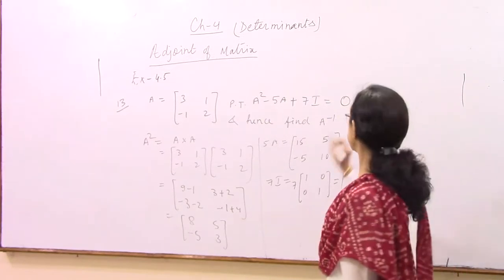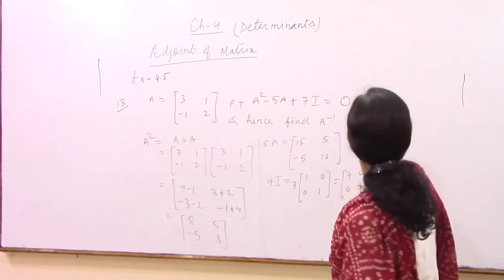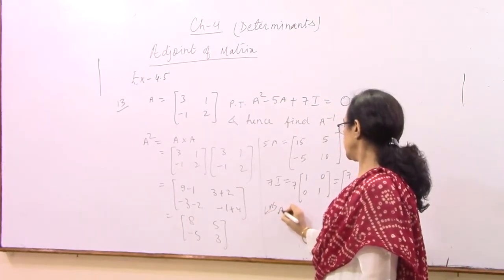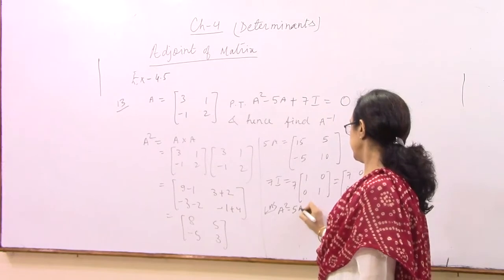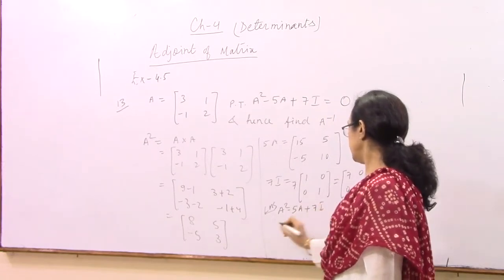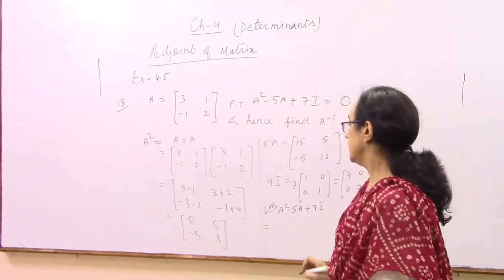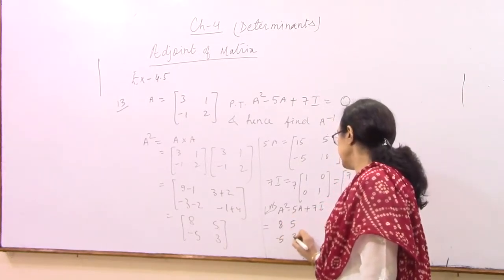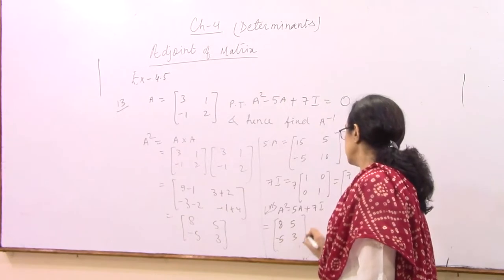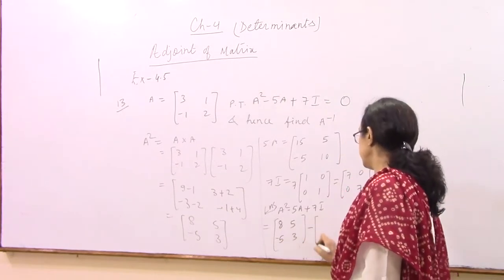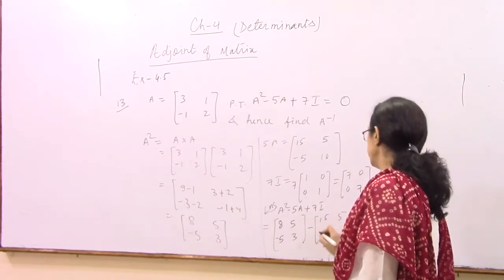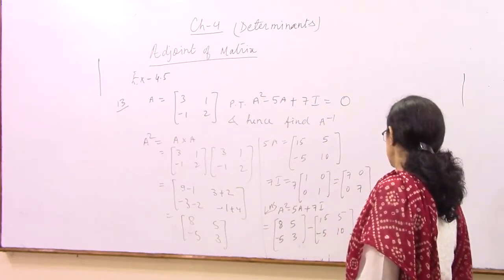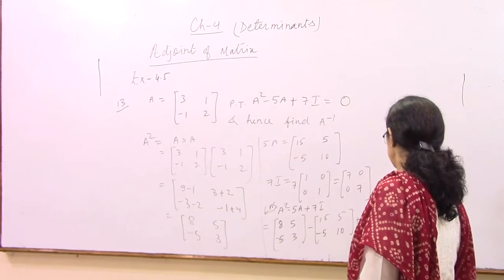Now left hand side is A square minus 5A plus 7I. Putting these values, A square, that is [8, -5; 5, 3], 5A, that is [15, -5; 5, 10], and [7, 0; 0, 7].